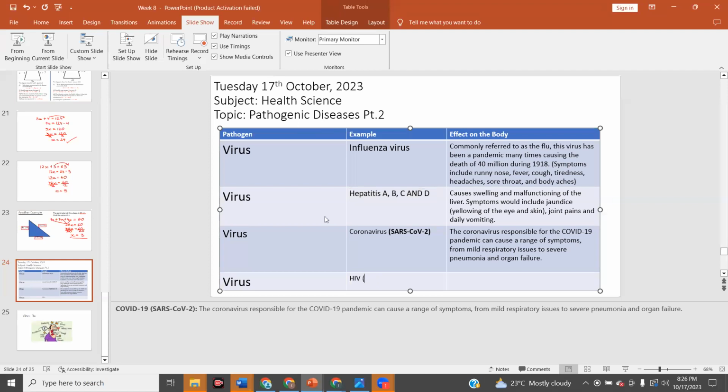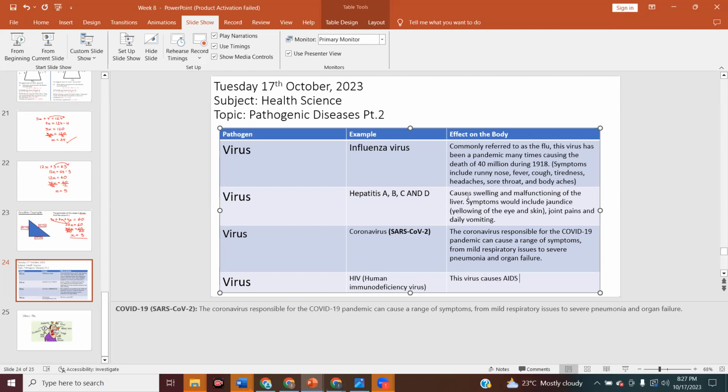So it's human immunodeficiency virus. That's the abbreviation for HIV. Please write this down. This is the last one. Human immunodeficiency virus. And this virus causes AIDS.